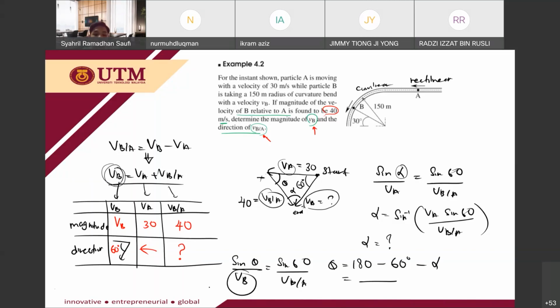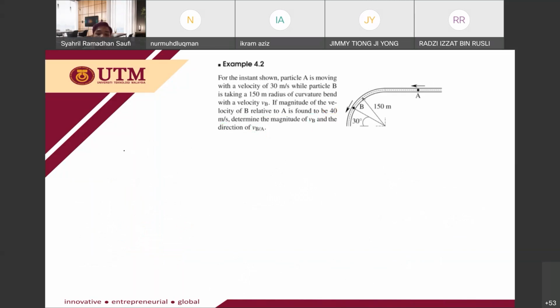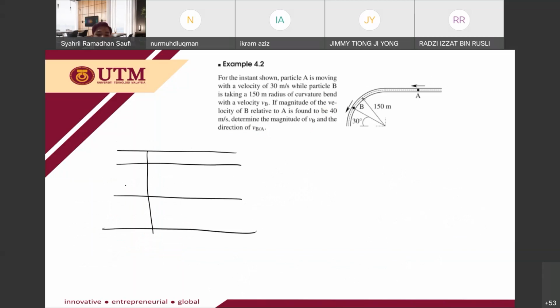For the rectangular components, from this triangle, let's say you have magnitude and direction.